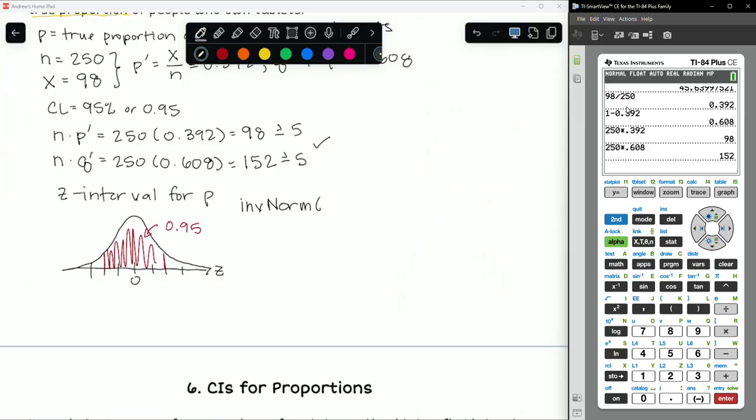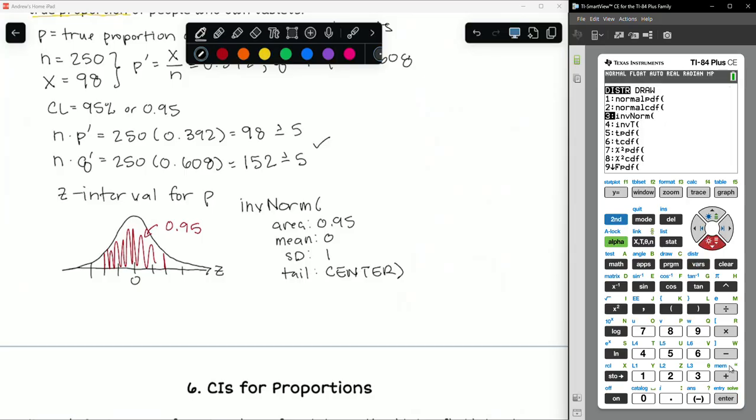I know inverse norm is going to ask me for an area, a mean, a standard deviation, and a tail. I know the area is 0.95 for standard normal, mean and standard deviation are 0 and 1, and then I want my tail to be a center tail, which is not a tail at all, but that's the notation the calculator uses. So second vars, inverse normal.